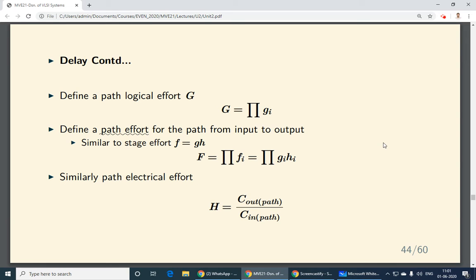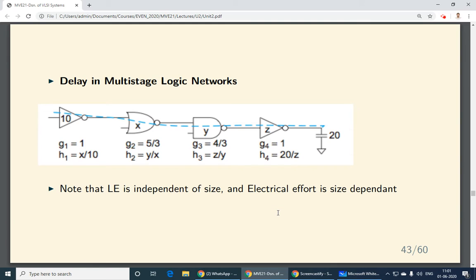We can just write capital H as the final output capacitance divided by the first input capacitance. So for example, in this case, capital H we can directly write as 20 by 10. We don't have to know X, Y, Z, because as we just saw, they will all get cancelled.